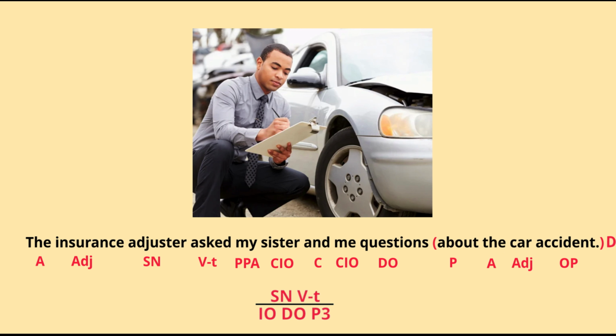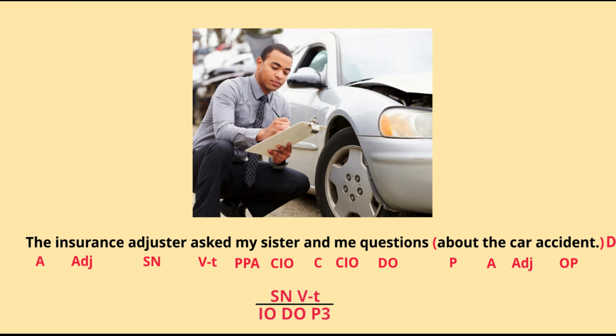Asked questions to whom? Now, we can find the indirect object. The answer is sister and me. You have two indirect objects and they're connected by and the conjunction. So, sister, me will become the compound indirect objects.